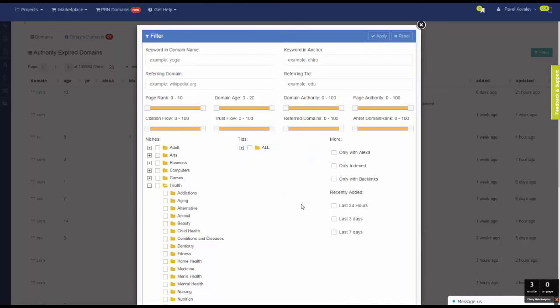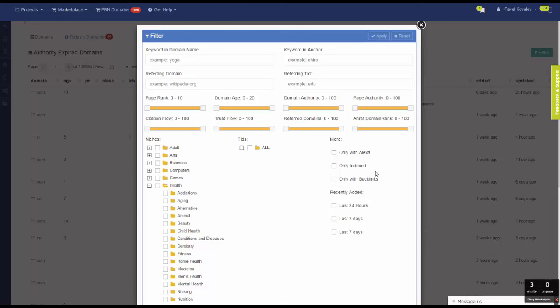And new filter options we added recently: you can filter only domains with Alexa ranking, and domains that are still indexed in Google. I would not overemphasize the value of the indexed domain, but one thing you can tell from the link profile is whether the domain is indexed or not.